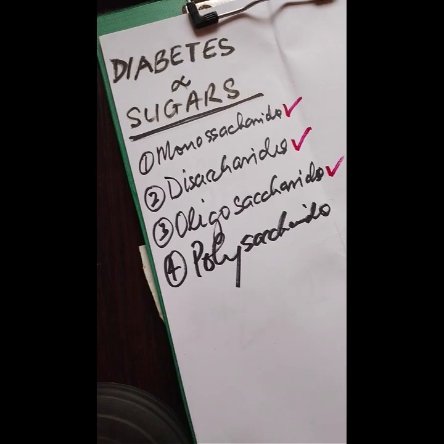The important thing about the oligosaccharides is that some of them are what we call prebiotic. They provide food for beneficial gut bacteria in humans.